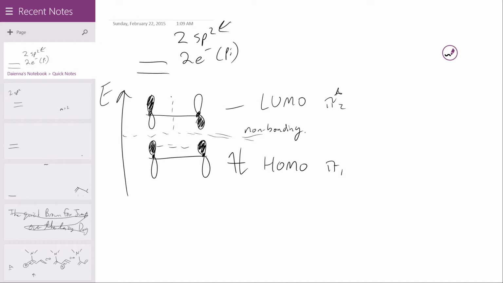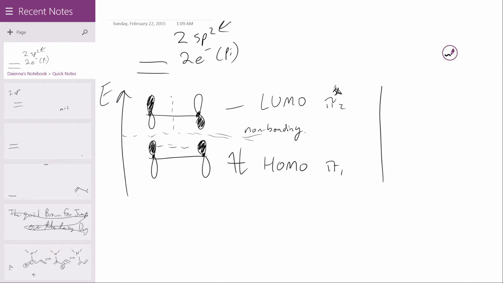The lowest energy level is called pi 1, and any level above the non-bonding will give an anti-bonding orbital, and that's represented by the star. So pi 1 is our bonding orbital, and pi star 2 is our anti-bonding orbital for this molecule.